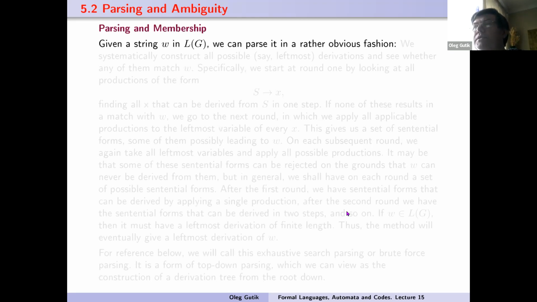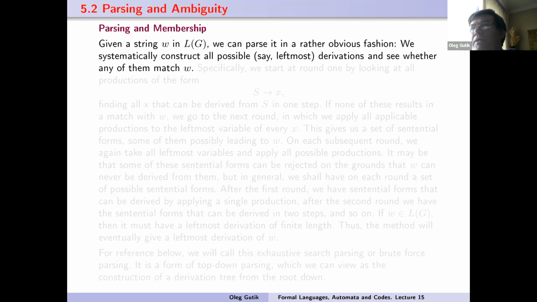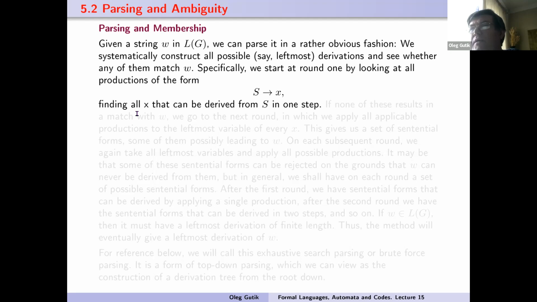Parsing and membership. For a word w in L(G), we can parse it in a brute-force fashion. We systematically construct all possible, say, leftmost derivations and see whether any of them match the word w. Specifically, we start at round 1 by looking at all productions of the form S into x, finding all x that can be derived from S in one step.